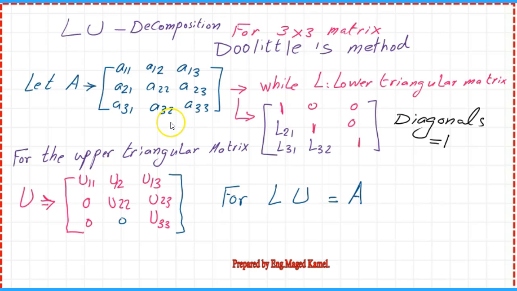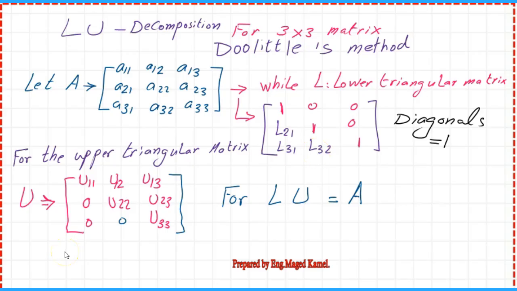We are saying that we will multiply L by U, and it is equal to A. Here is our L based on Doolittle's. We have a diagonal equal to 1, and this is a lower matrix for which the upper elements are zeros. Let us call in the second row L21, and for the third row we have two elements, L31, L32.